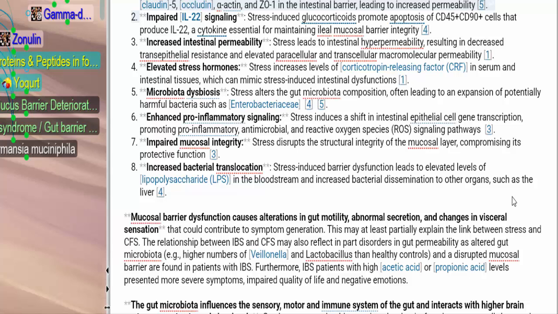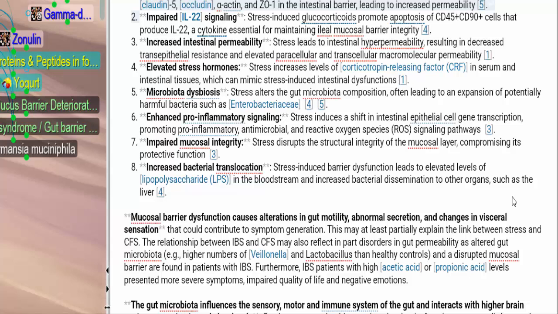Stress alters the gut microbiota composition, often leading to an expansion of potentially harmful bacteria, such as Enterobacteriaceae. It enhances pro-inflammatory signaling. It causes a shift in intestinal epithelial cell gene transcription, promoting pro-inflammatory, antimicrobial, and reactive oxygen species signaling pathways.